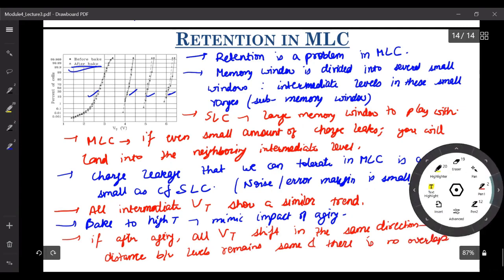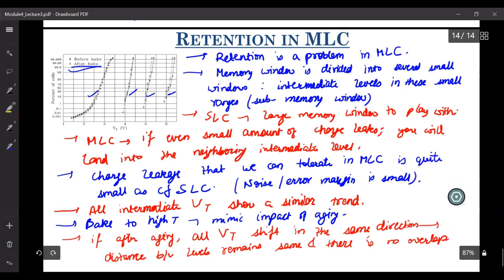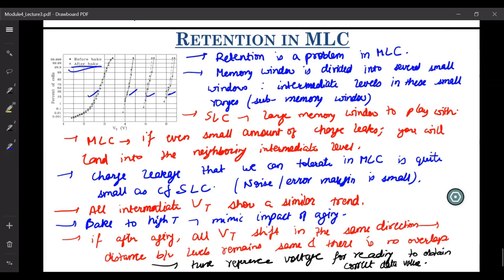However, even in this case, we will have to tune the reference voltage for reading to obtain the correct data value. So your peripheral circuitry has to be tunable in case of MLC.